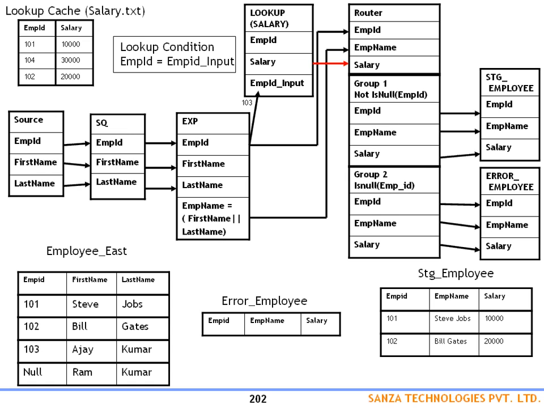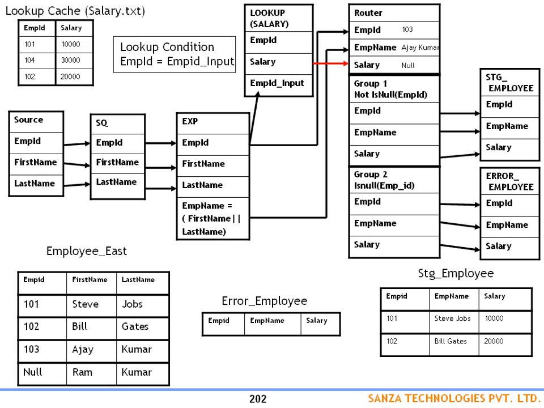So in this case, it will return the null value and go to the router with salary null, but employee ID 103 is not null, so it goes to the target table and inserts it. A null value will be returned by the lookup when the condition fails. In this case 103 does not exist, the condition fails, so salary will have a null value.